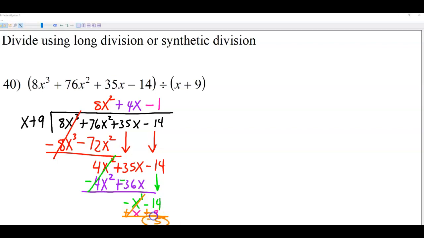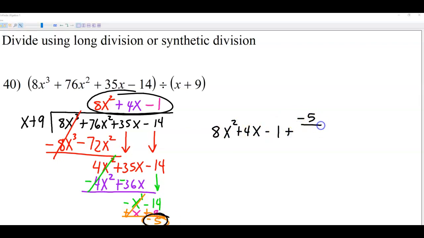And this is my remainder. So my answer is going to be this top part here, plus the remainder over the divisor. Now, just so you guys know, if your remainder is ever negative, they may take this negative and just move it here and replace the positive with that. But that's our answer. Okay?